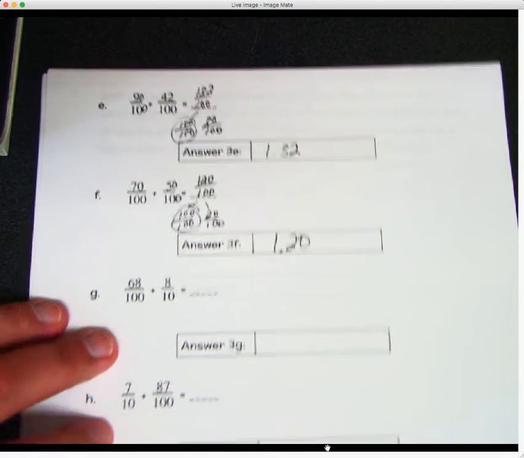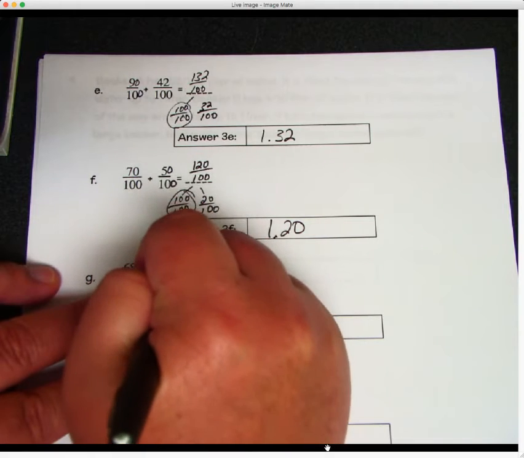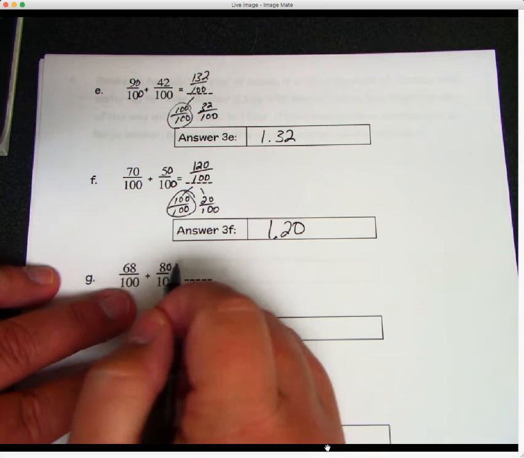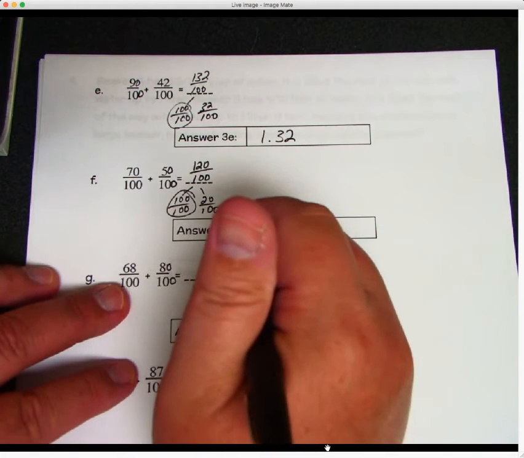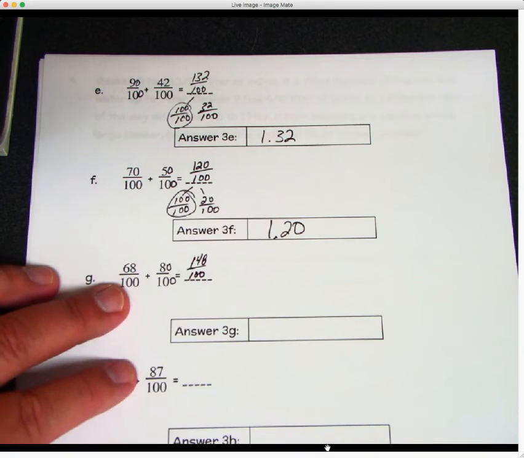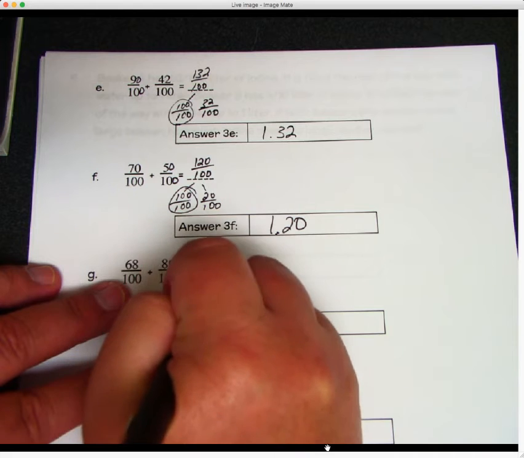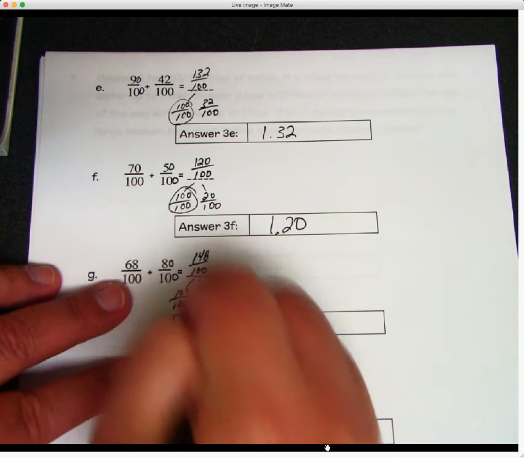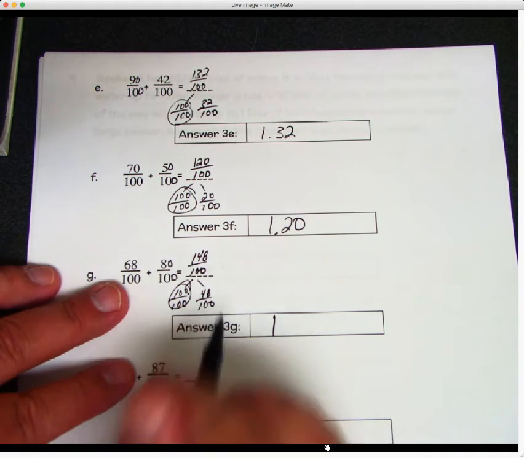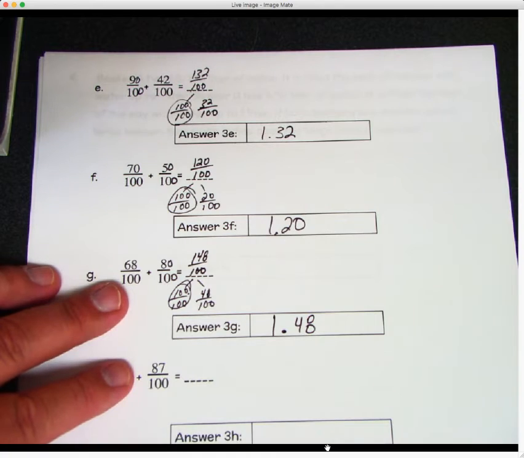All right, keep going. 68 hundredths plus 8 tenths. 8 tenths is the same as 80 hundredths. 68 plus 80. I'm doing this in my head. You may have to write it out. It's 148 hundredths. Decompose. Gives me 100 100ths. 48 hundredths. 100 100ths is 1. And 48 hundredths.